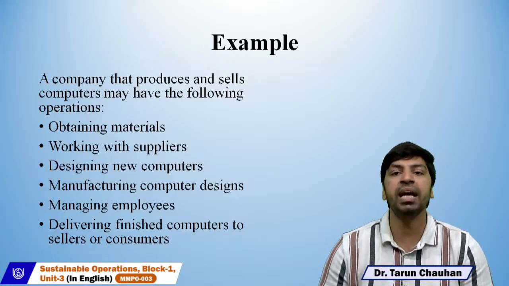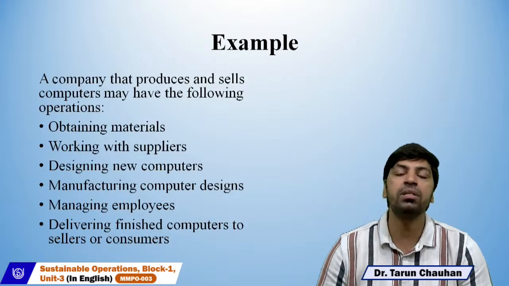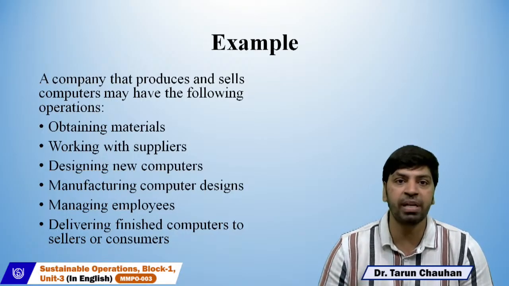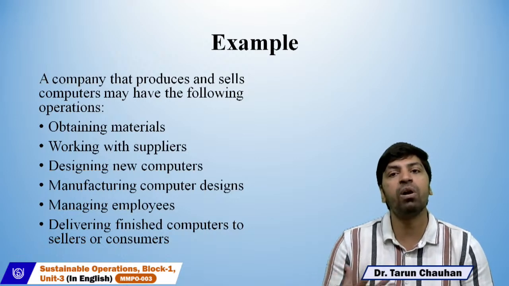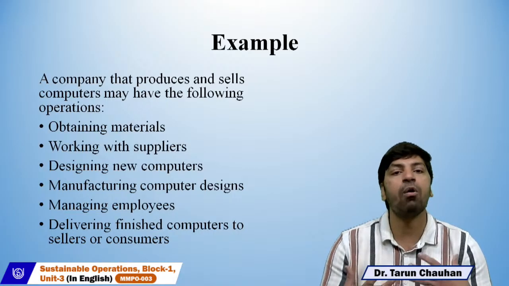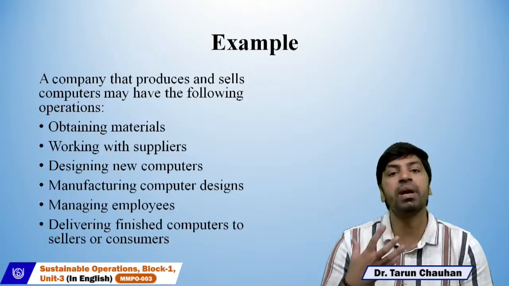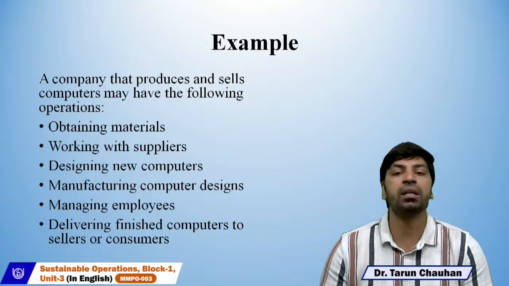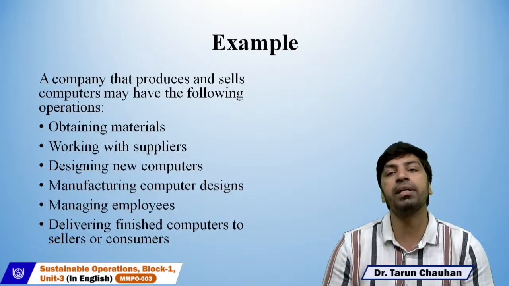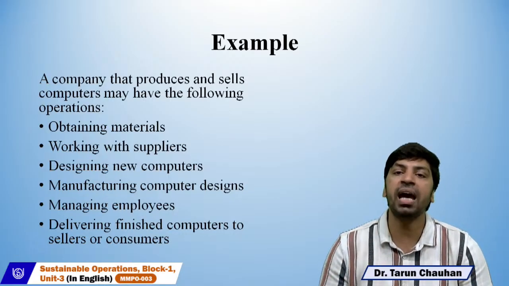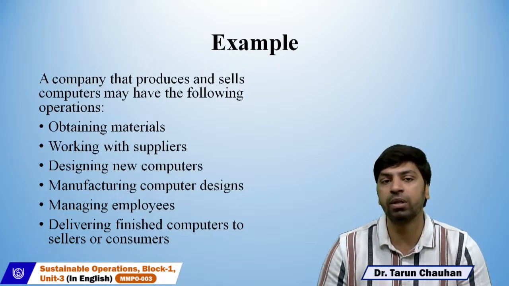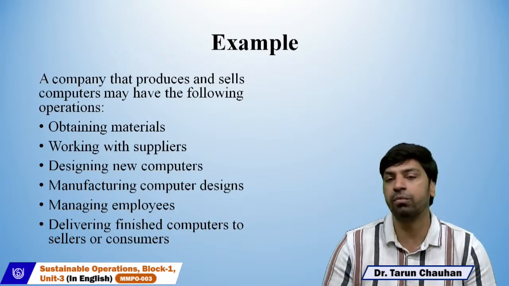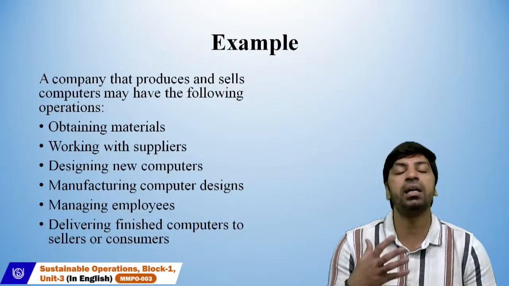When any company has decided to produce and sell computers, mobile phones, or smartphones, it must plan the following: how to obtain materials, what work is to be done by the suppliers, how to design new computers, how to manufacture them, and what designs are to be implemented. It must also plan how to manage employee turnover, because there are so many operational activities and plenty of employee turnover, and how to deliver the finished product, could be a computer or a smartphone, to the sellers or the ultimate consumers.